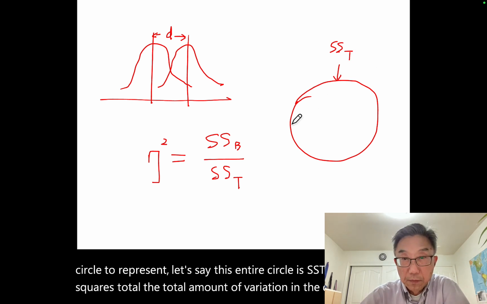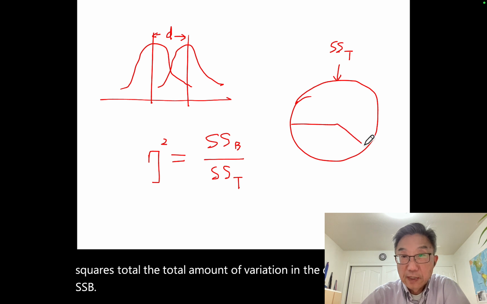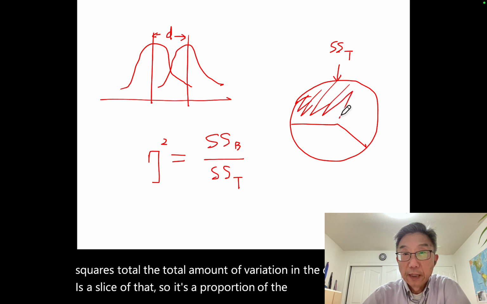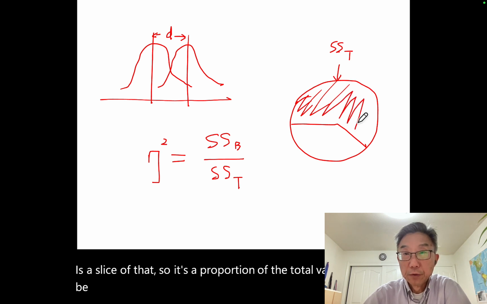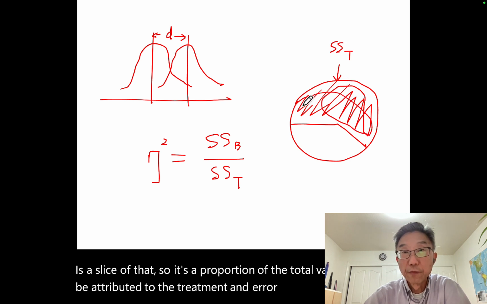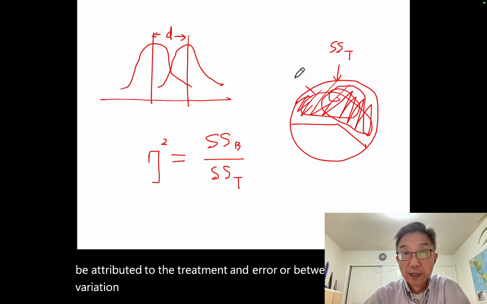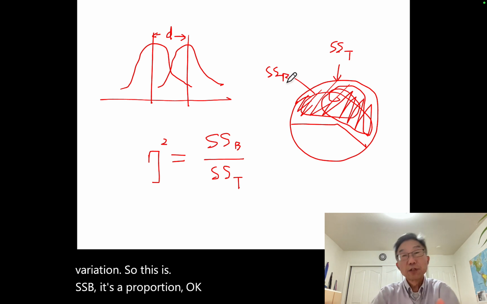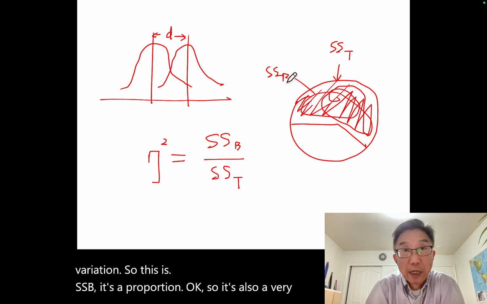SSB is a slice of that. So it's a proportion of the total variation that can be attributed to the treatment and error, or between group variation. So this is SSB. It's a proportion.